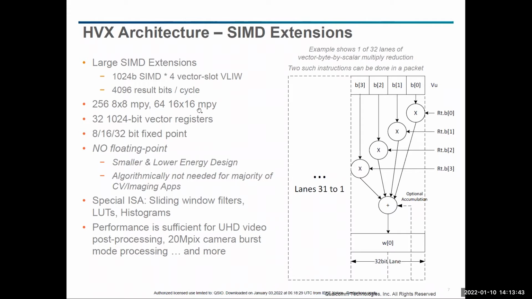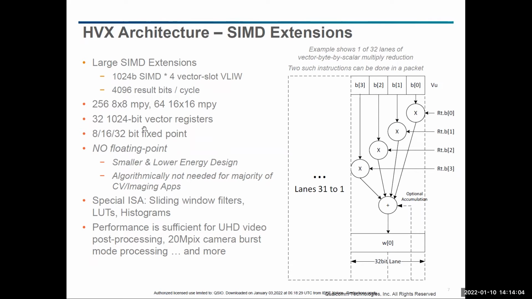And this is possible in one instruction. When we execute this across 4 vector hardware slots, we get 4 times the performance of this 256 8-by-8 multiply, or 64 16-by-16 multiply operations.